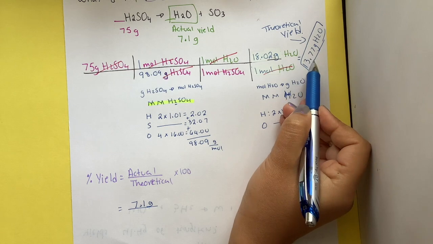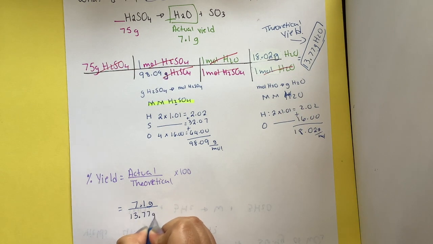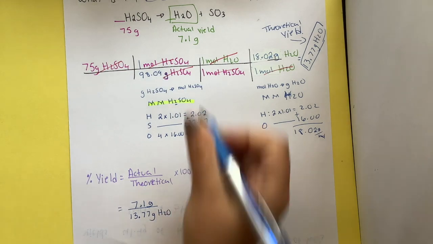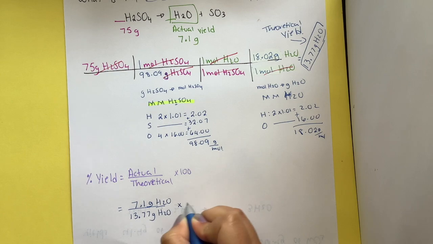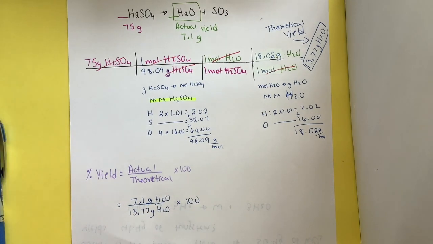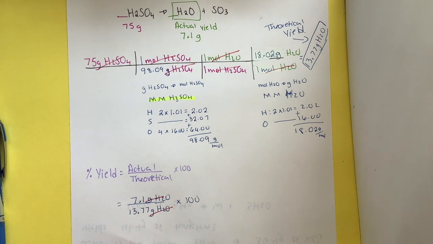My theoretical yield, I figured out it was 13.77 grams of water. This one's also grams of water. Times 100. Okay, notice how the unit and the compound that we're talking about for actual and theoretical are both the same because they cancel each other out.